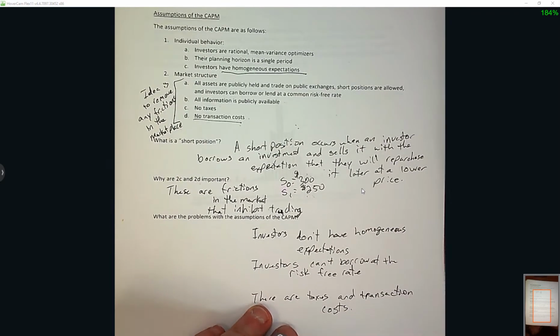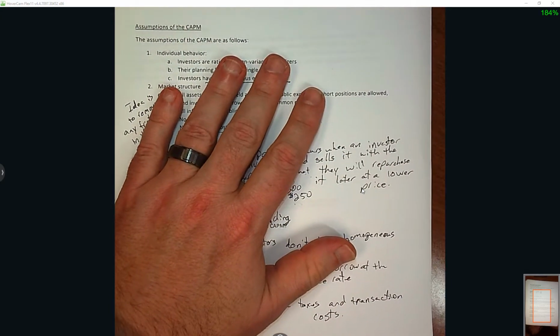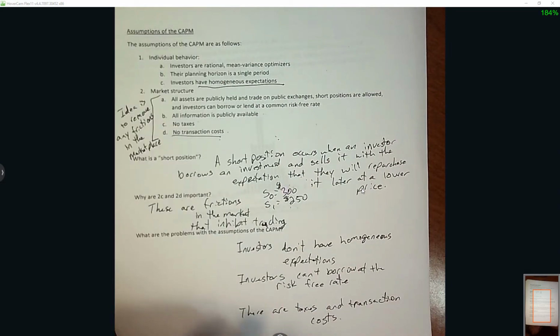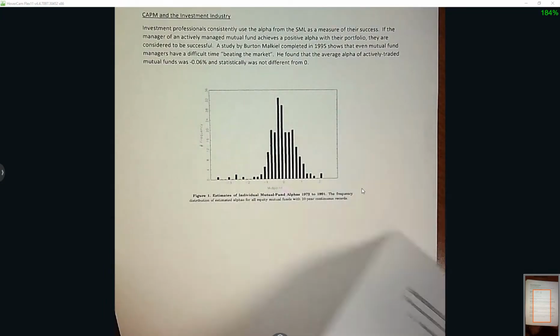We've got one more page to cover in this topic, and then we're going to start to get into some improvements that we've made over time to this capital asset pricing model. So let's flip to the next page.